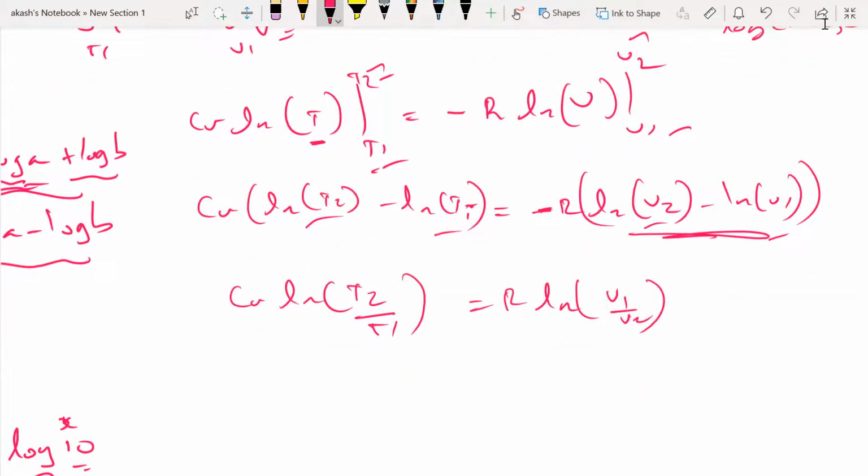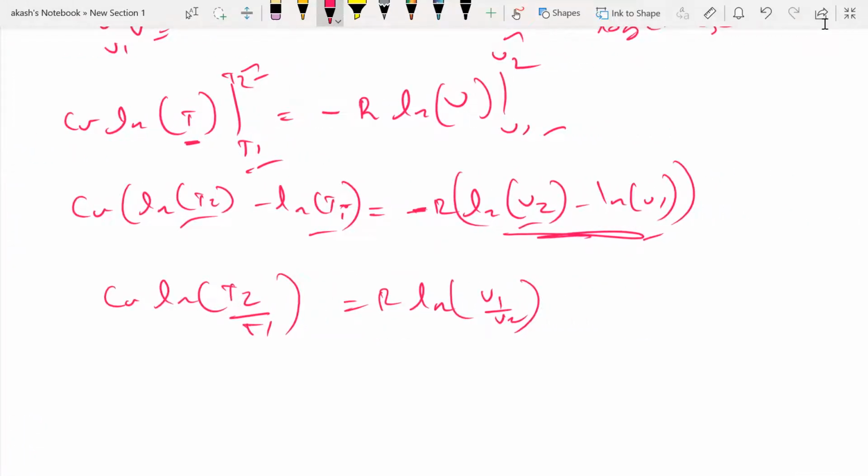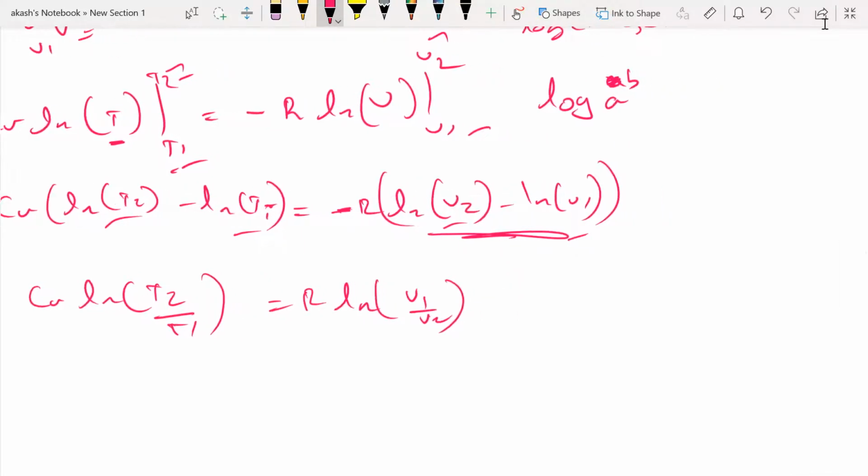Now you have one particular relationship: log of A to the power B can be written as B log A. Whatever is the power will come in front.